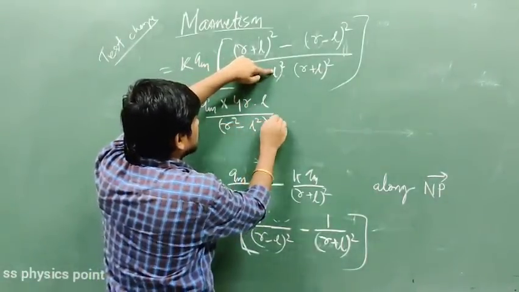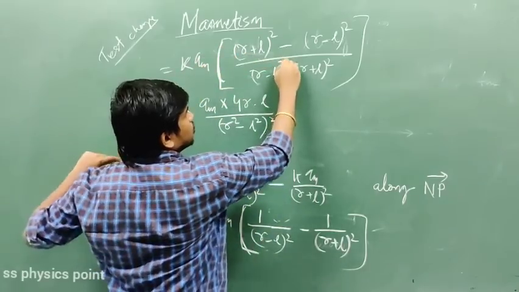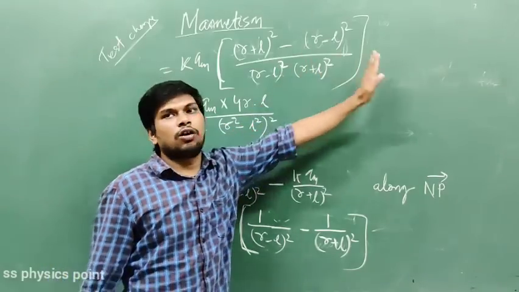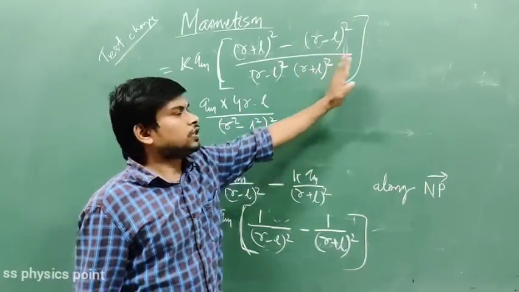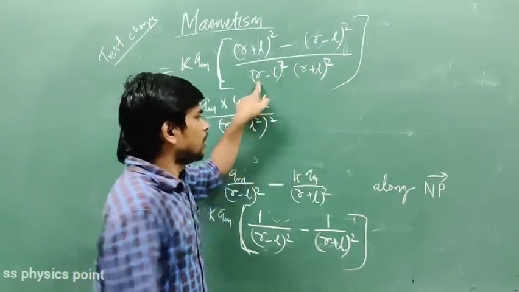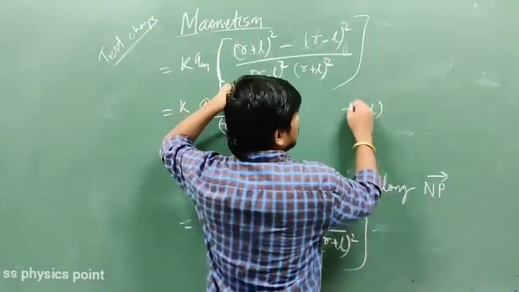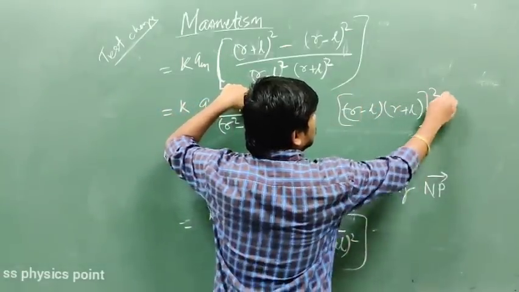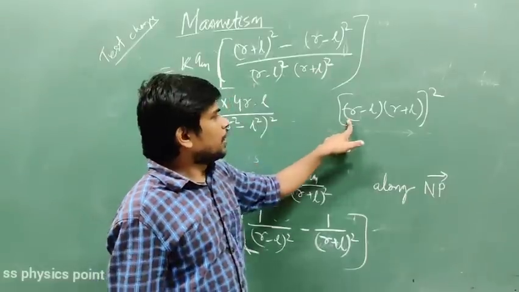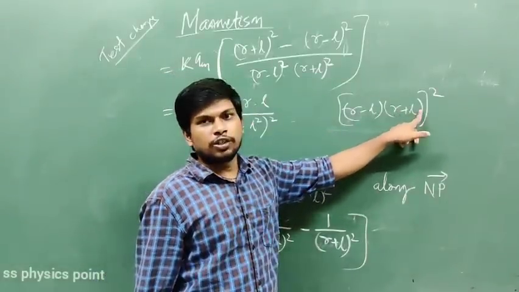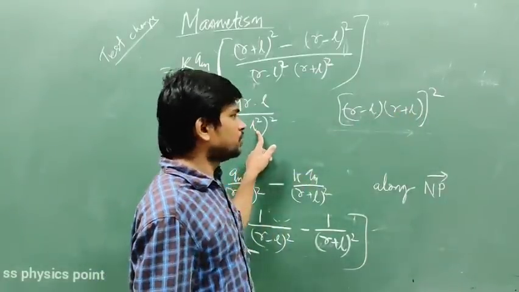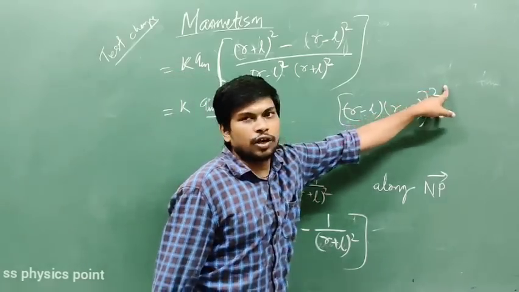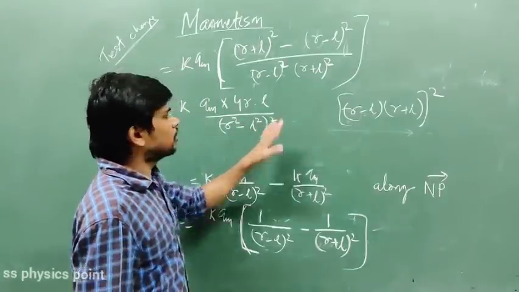Then there is another square here also. So just take the square out of this one. It will be (R minus L) into (R plus L) whole square. So (A minus B) into (A plus B) equals A square minus B square. So R square minus L square, and there is a square as well. So (R square minus L square) whole square.